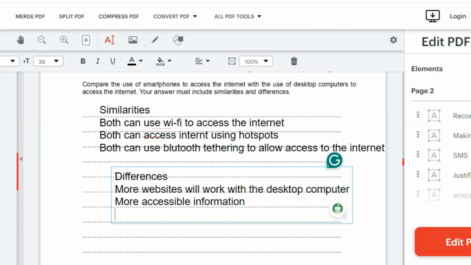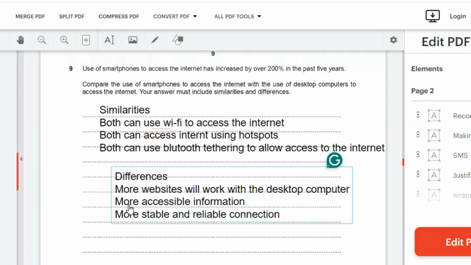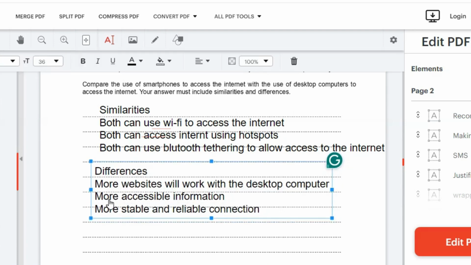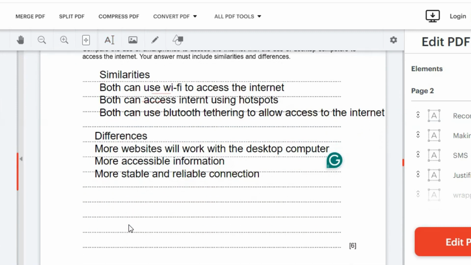Three, more stable and reliable connection. All right. So there you have it. You have your 6 marks.